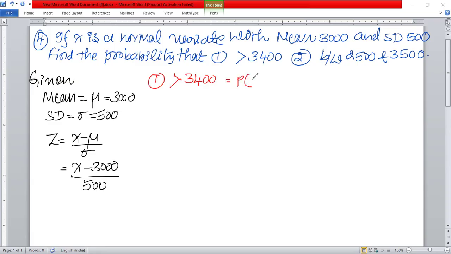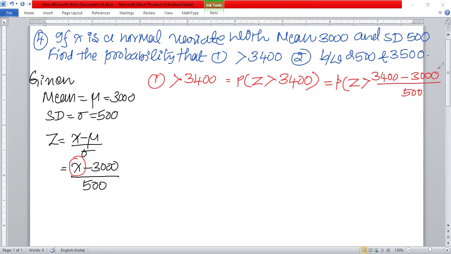So this is probability Z greater than 3,400. We need to substitute: 3,400 minus 3,000 divided by 500. Therefore, probability Z greater than 400 divided by 500, so 0.8.